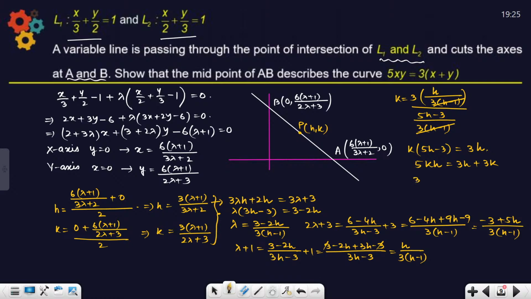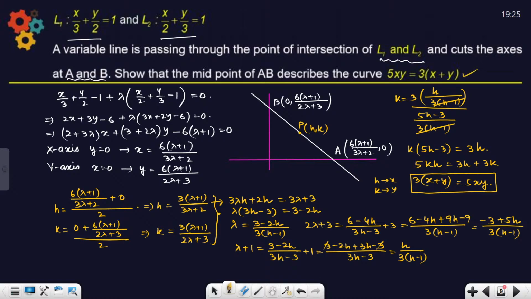So that gives us 3 times (h plus k). I'm replacing h by x to find the equation of the locus, and k by y. So 3 times (x plus y) equals 5xy. That's it. And that's exactly what they have said to prove.